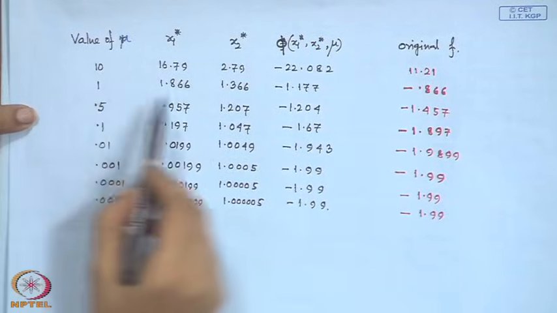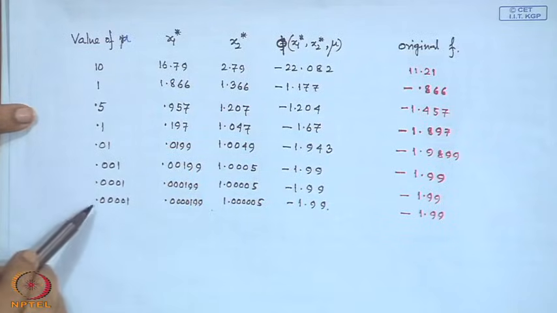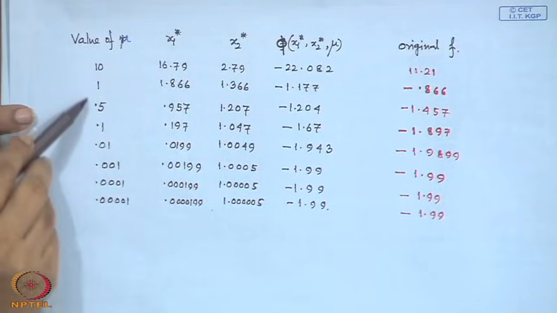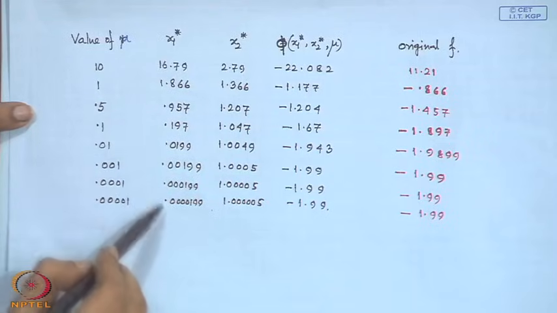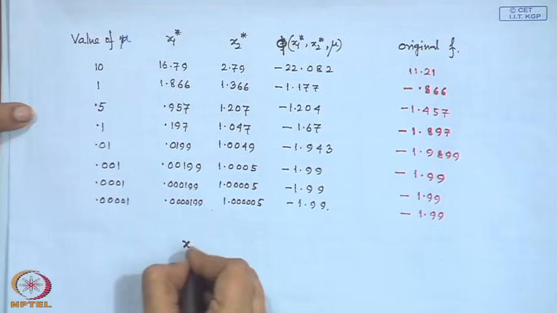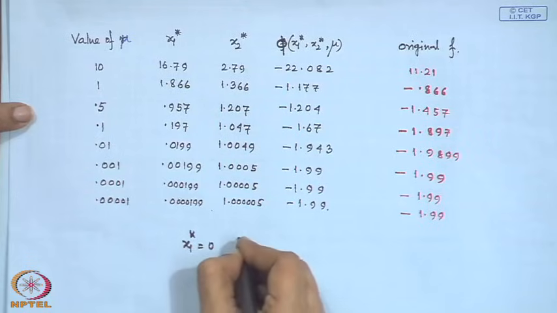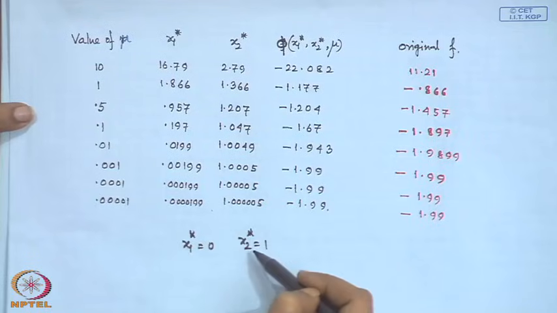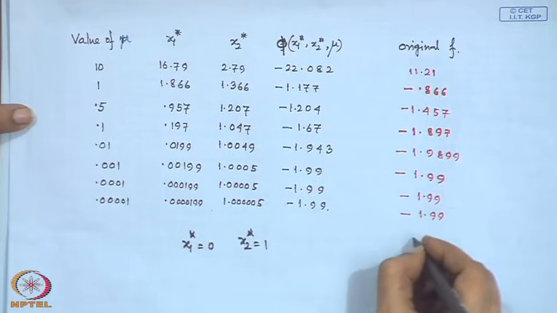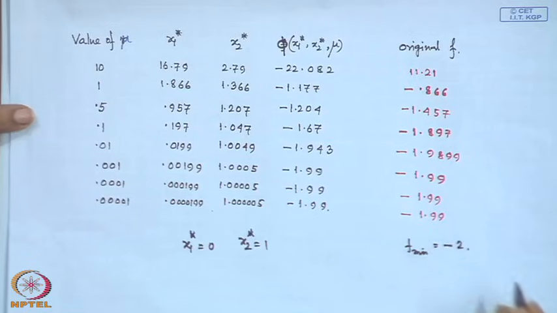Similarly, mu is equal to 1, these are the values, and as mu approaches 0, that means we are reducing the value of mu further and further, just see x1 is approaching 0. As we have seen, the original x1 star is equal to 0 and x2 star is equal to 1, and we are approaching that value, and the original f min we are approaching to minus 2.